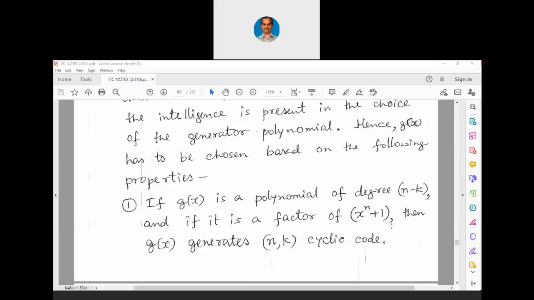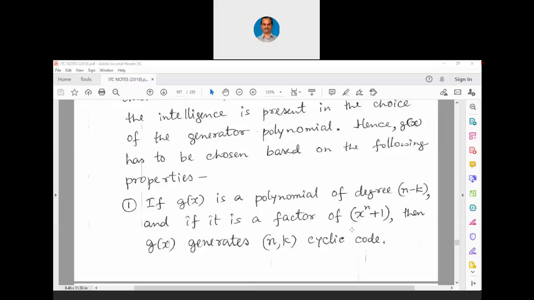We can't randomly choose any generator polynomial. Please recall in module 4, we could not randomly choose one parity matrix also. We had those Hamming bound conditions also there. In the same way, here also, we cannot randomly choose any generator polynomial.